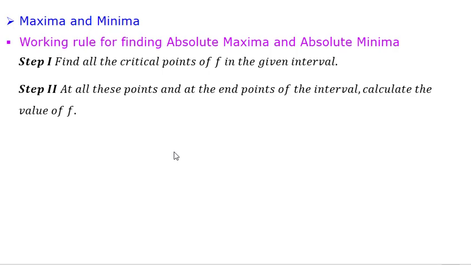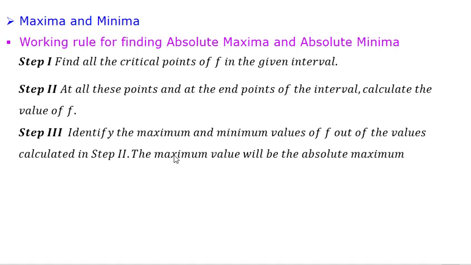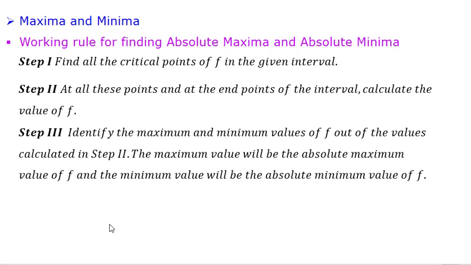So in the first step we have found the critical points, and in the second step we are finding the value of the function at the critical points. Now in the third step we will identify the maximum and minimum value of the function out of the values calculated in step 2. The maximum value will be the absolute maximum value of the function and the minimum value will be the absolute minimum value of the function.